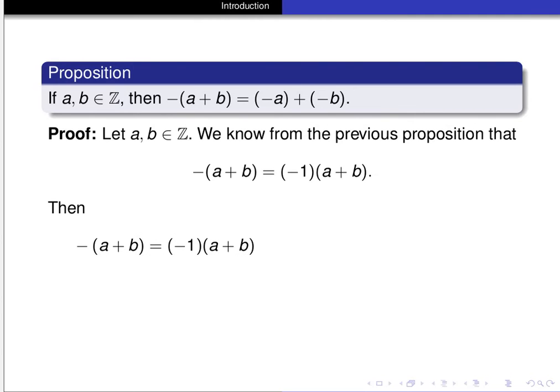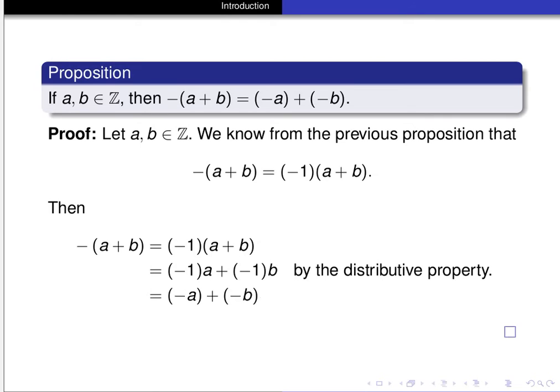Using the distributive property then, we can distribute through the negative 1, and we see that the additive inverse of a plus b is minus 1 times a plus minus 1 times b. Using again that previous proposition, we know minus 1 times a is the additive inverse of a. We know minus 1 times b is the additive inverse of b. And we've proven then that the additive inverse of the sum of a and b is the sum of the additive inverses of a and b.